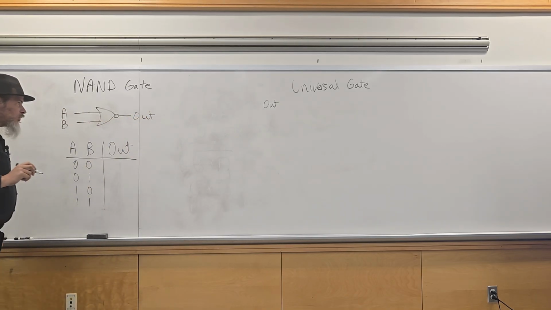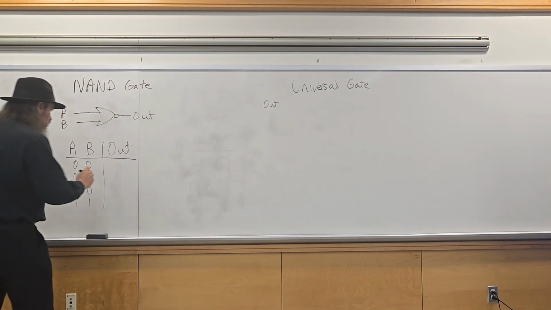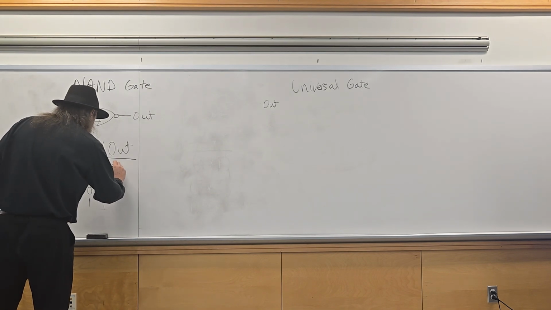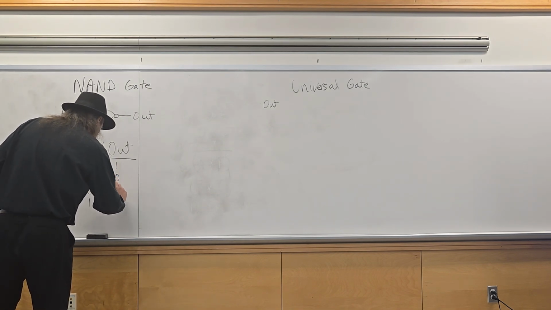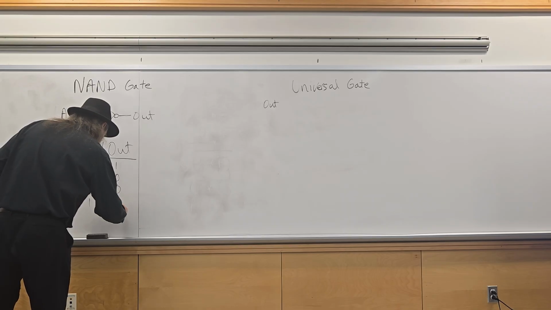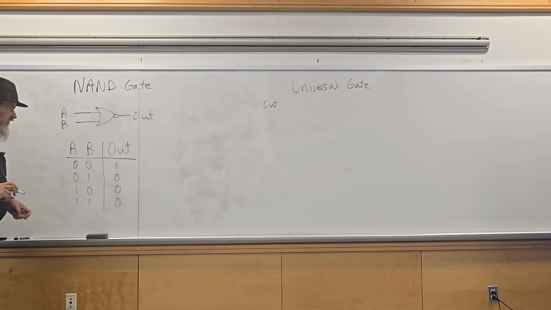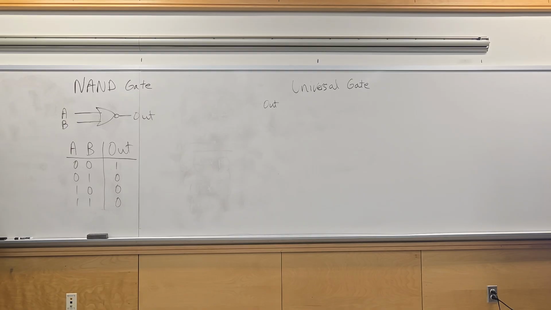It is like the OR gate, but inverted. So the state table looks like this. Where the OR would be 1, you would have zeros. Where the OR would be 0, you would have a 1.